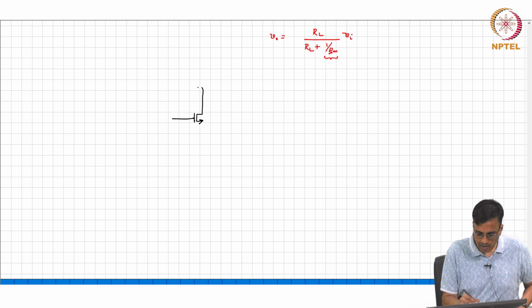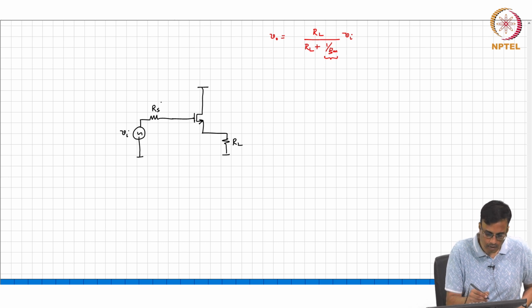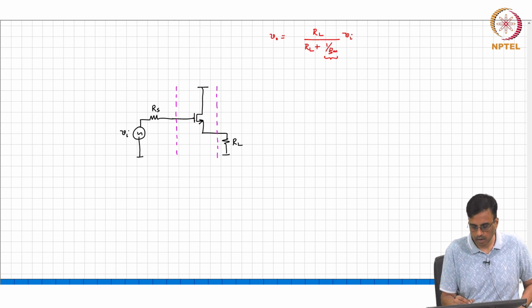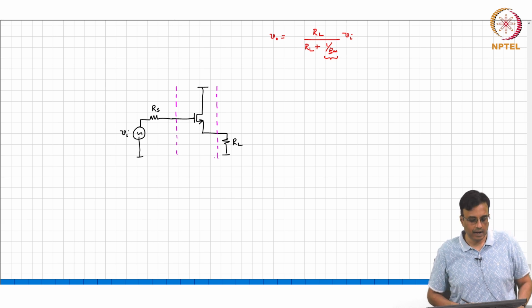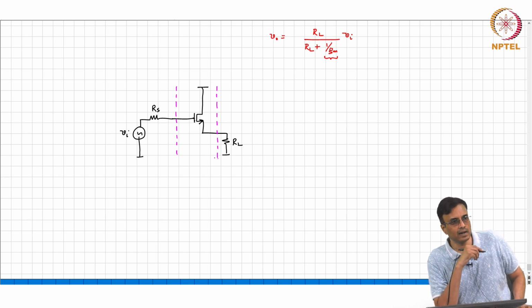So, basically, let me redraw the circuit. This is Vi, this is Rs, okay. And as you can see, which terminal of the transistor is common to both the input side, to the input source as well as the load?